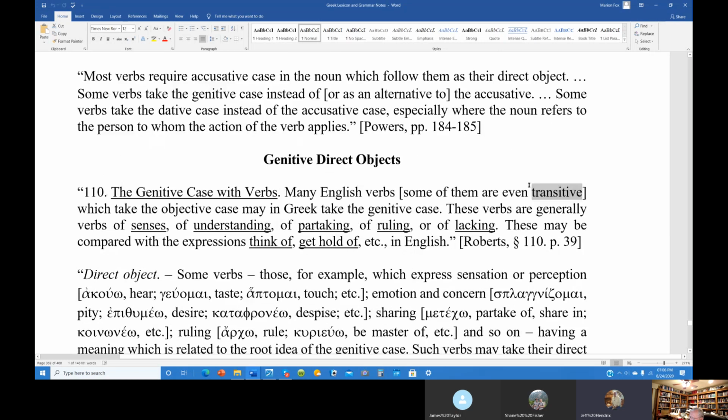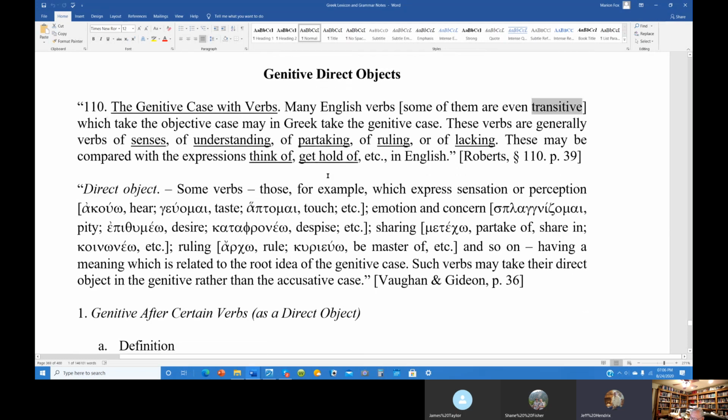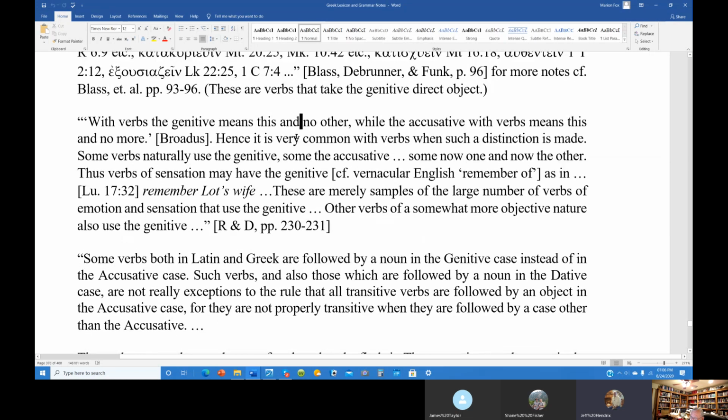Down here, it will tell you this if we look at it more fully. We're getting toward the end of the class, I'm sorry. But what we have here is genitive direct objects, and I have a file on this. I'm going to find this right quick.